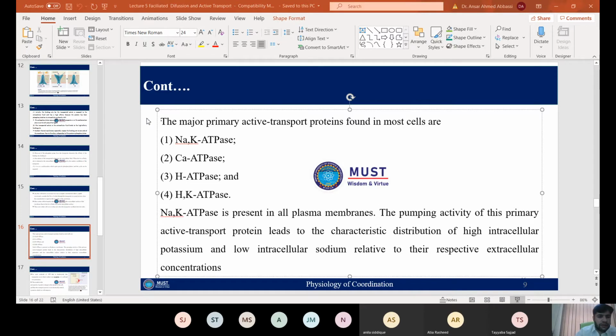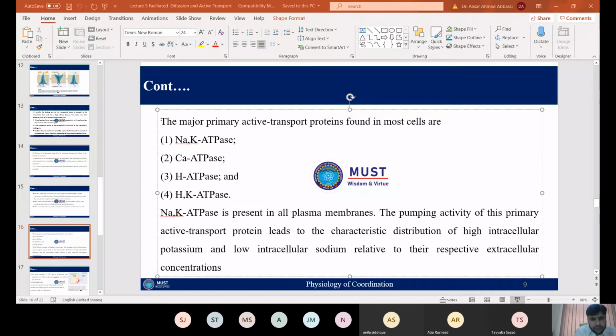The reason we add the word ATPase is that these transporter proteins have the ability to hydrolyze, to break down ATP, and this property is called ATPase property or ATPase activity. Sodium potassium ATPase is present in almost all plasma membranes, and the pumping activity of this active transport protein will ultimately lead to high intracellular potassium and low intracellular sodium.